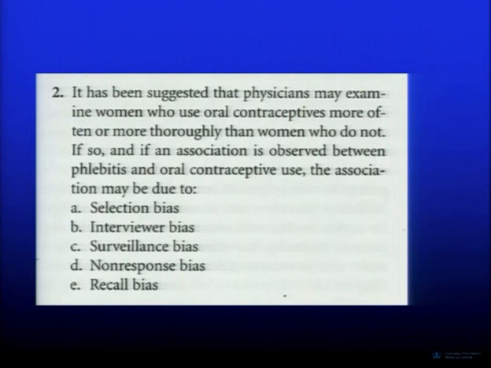So your outcome is phlebitis, and that's what you're worried they're looking more strongly for, and so that's why it's surveillance. Because they're not just asking them if they have it, they're doing a more thorough physical exam to look for the outcome. And surveillance is what we do in a cohort study to try and see who gets the disease and who does not.